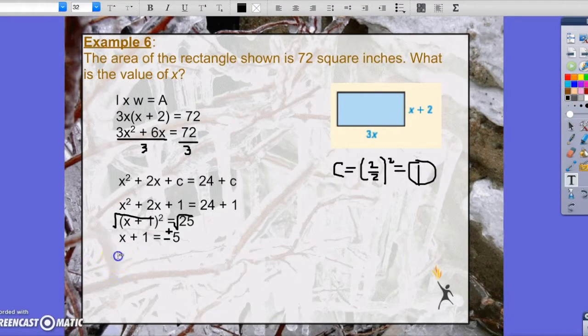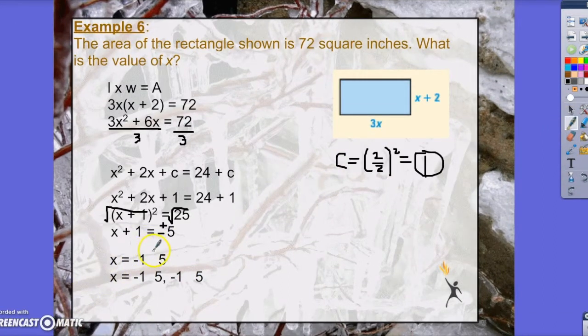So I'm going to get two solutions here, and let's simplify it because we have a perfect square. So -1 plus minus 5, -1 plus 5, -1 minus 5, which I will write out. So here's my plus minus. One's a plus, one's a minus.